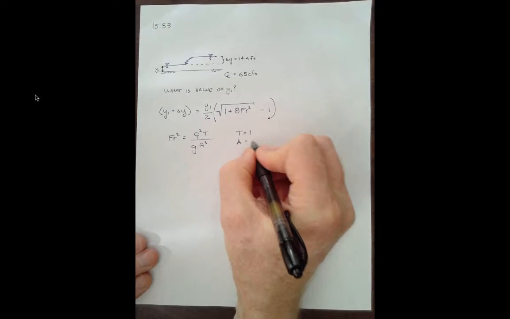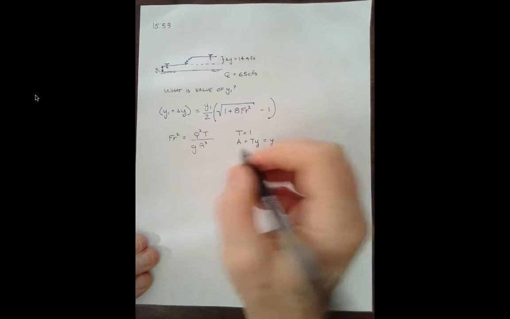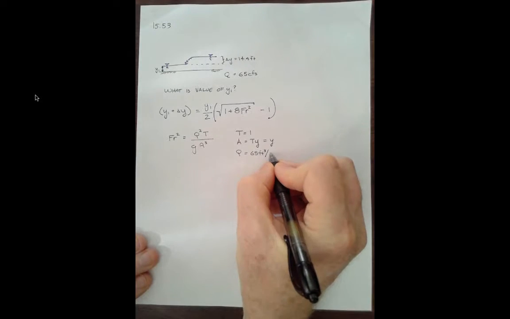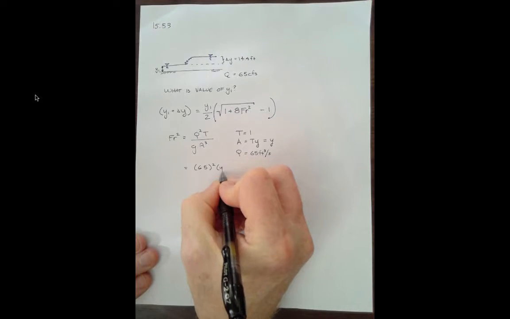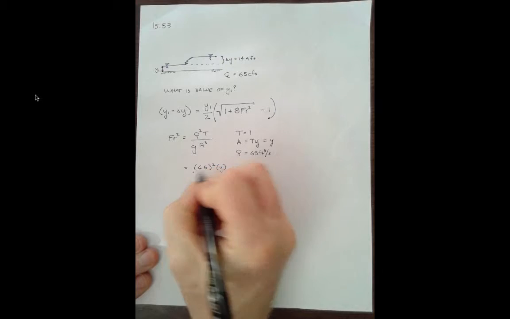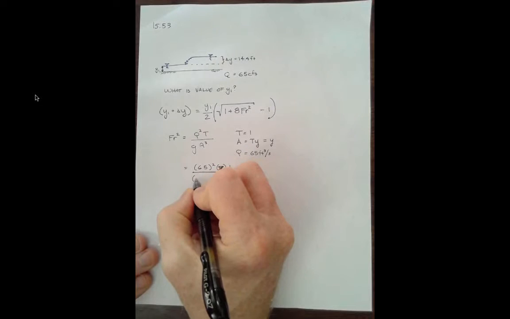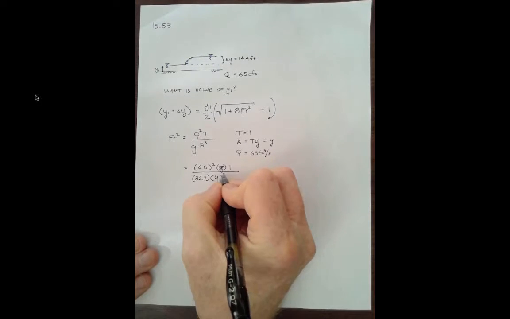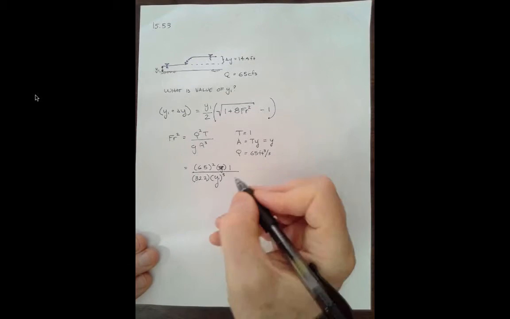Hence, the area is T times y, which equals y. And q is given as 65 cubic feet per second. So now we have 65 squared times 1 divided by g, which is 32.2, over 1 times y, which is y, quantity cubed, and that y is the approach y, y1.